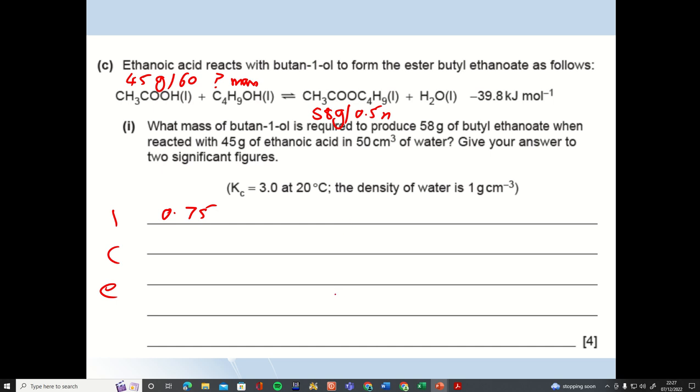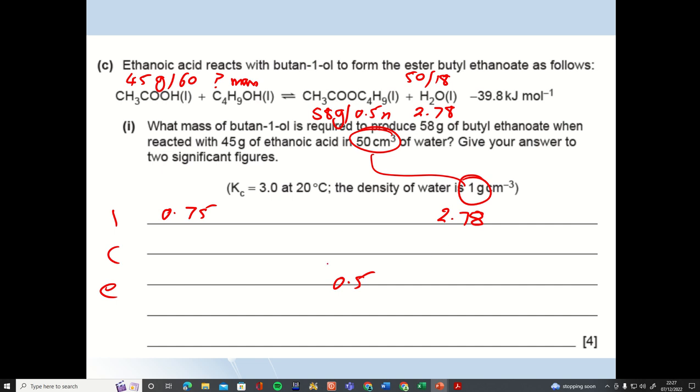We're going to make 0.5 moles of the butyl ethanoate, and we're starting off with 50 cc's of water, and the water, it tells us down here, has a density of 1 gram. So that is 50 grams over 18, which tells me that I'm going to start off with 2.78 moles of the water. So I'm going to put 2.78 there.